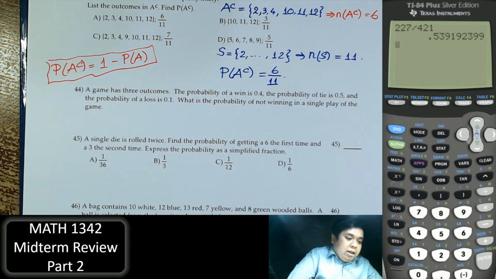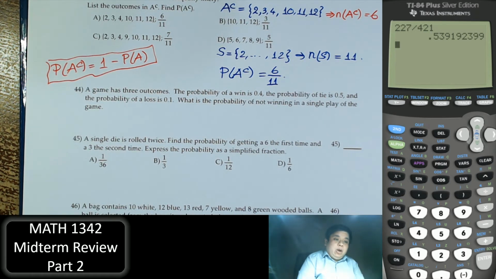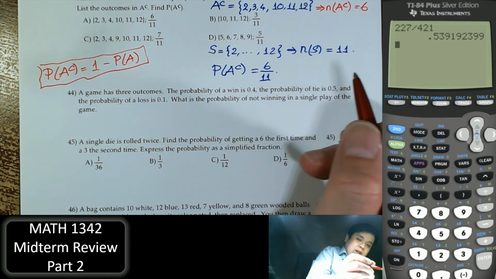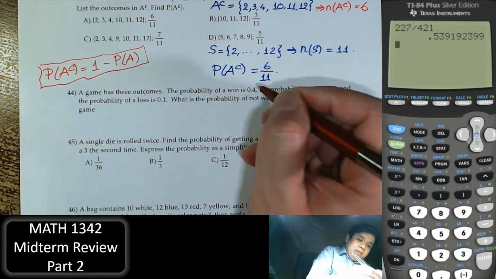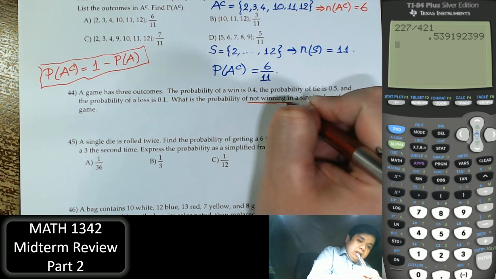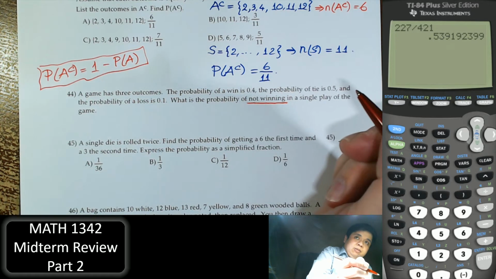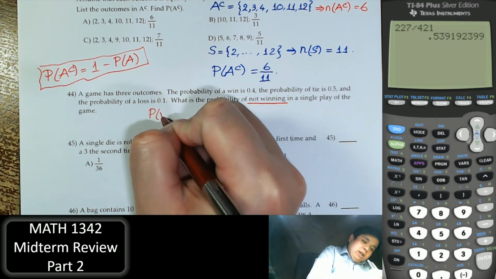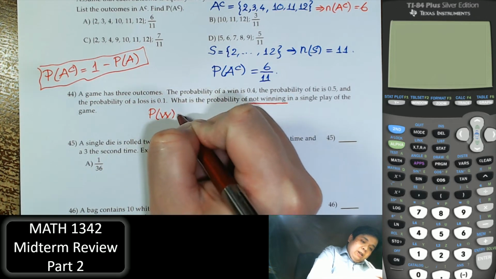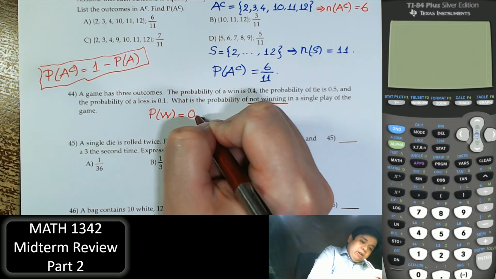Right, next, a game has 3 outcomes. The probability of a win is 0.4, of a tie 0.5, and the probability of a loss is 0.1. What is the probability of not winning a single play of the game? So not winning. The probability of win is 0.4.